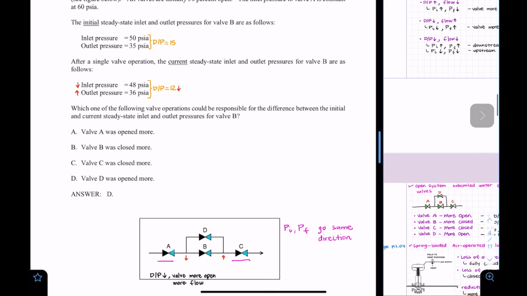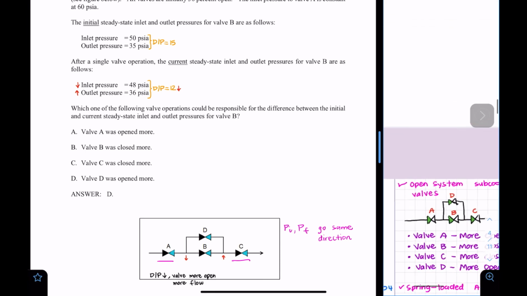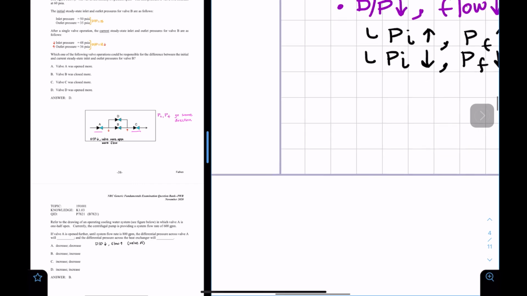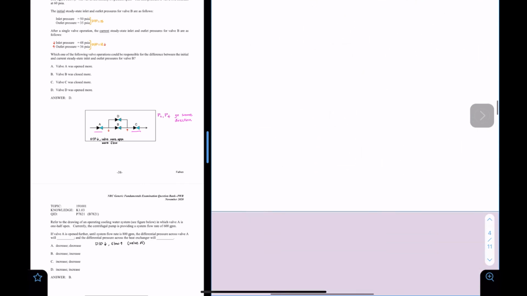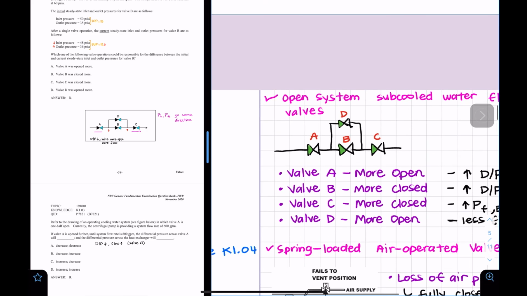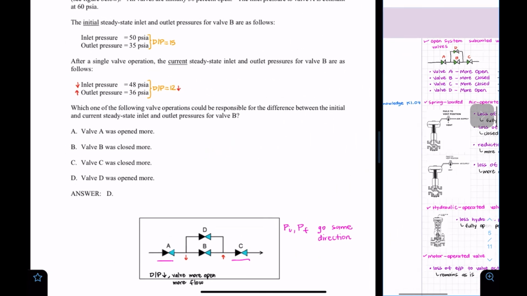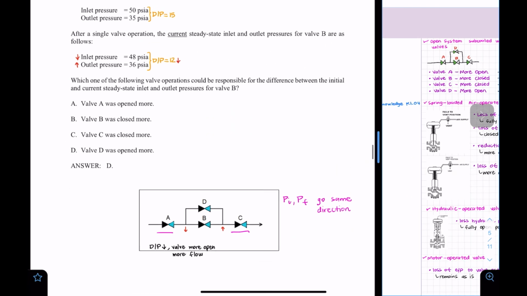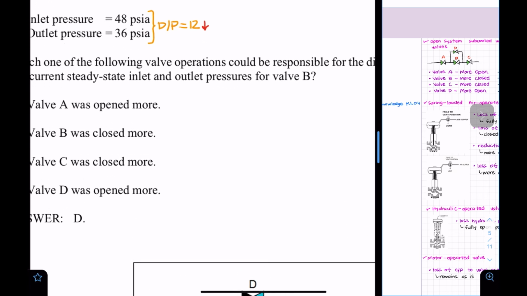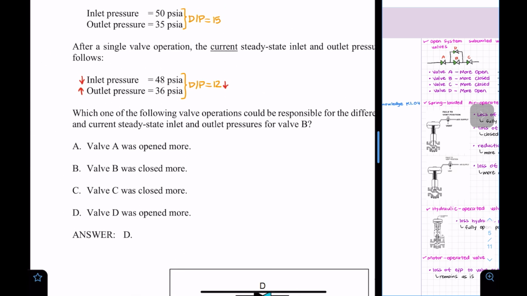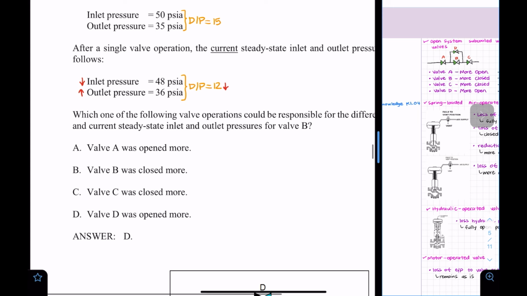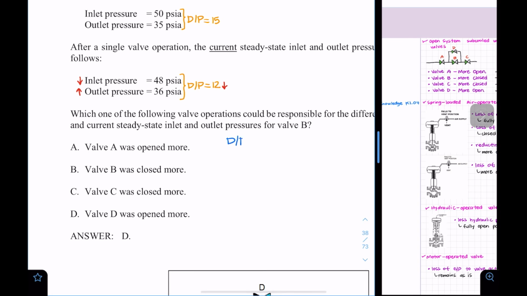And then let's take a look at this one. This one is interesting. And I think I have it in here. I explain it a little bit more here. Let's use the same logic, or let's try to use the same logic. Here we are not having the flow, so we have to rely on what we know. So we know that if we decrease the differential pressure, we're gonna increase the flow, right? That's kind of like what we know.